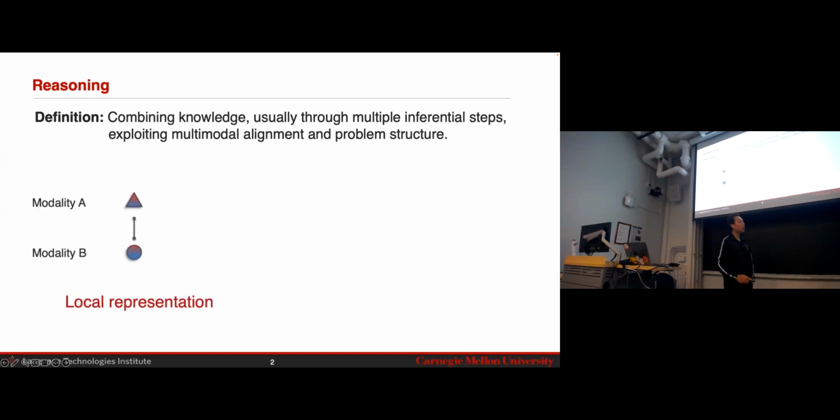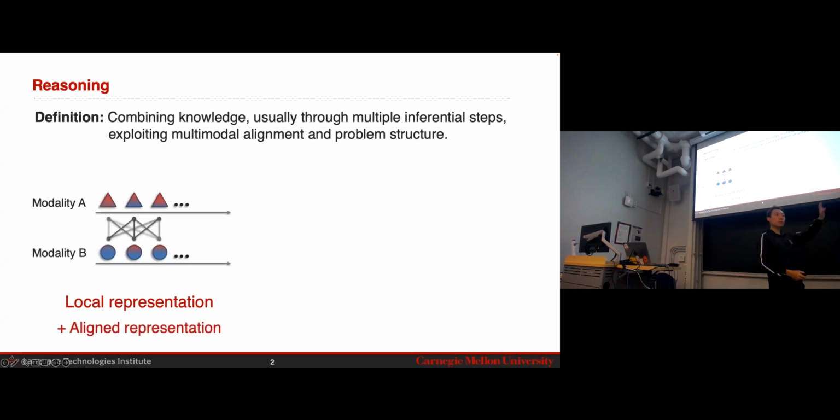And as a roadmap, recall that in the first couple of weeks, we looked at local representations. If you have one element from modality A and one element from B, what are the different ways you can learn representations, either through fusion, coordination, or fission? But we only looked at one element from A and one element from B. In the next couple of weeks, we looked at the case where there are multiple elements with some structure within each modality.